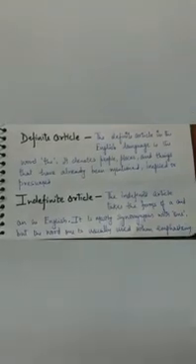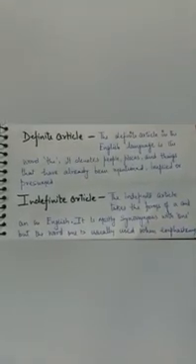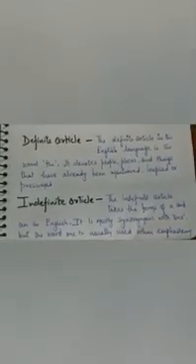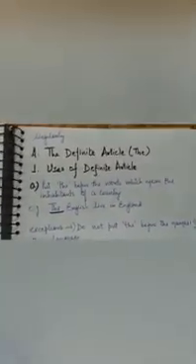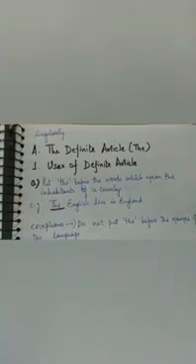It is mostly synonymous with one. Means instead of one you can use this, but the word one is usually used when emphasizing singularity. Means for a single thing only, one is used. Otherwise in English language we use a and an.